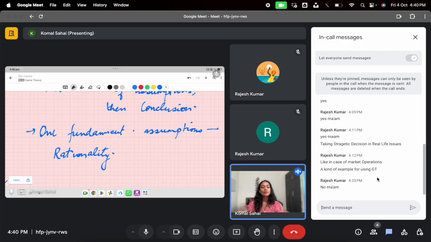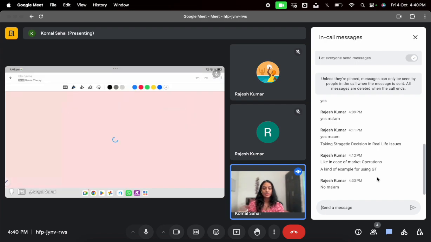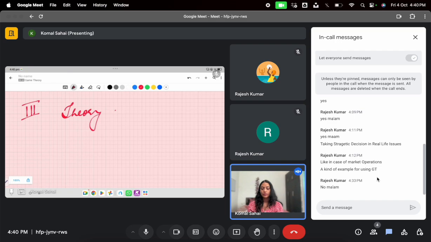Okay, so let's understand what this assumption of rationality is. It is also called the theory of rational choice. Okay, it's essentially an assumption. It's an assumption of how people behave.